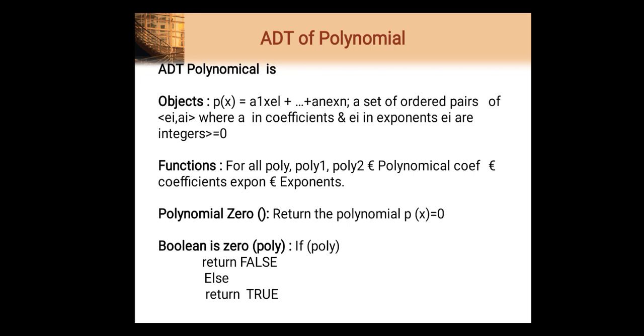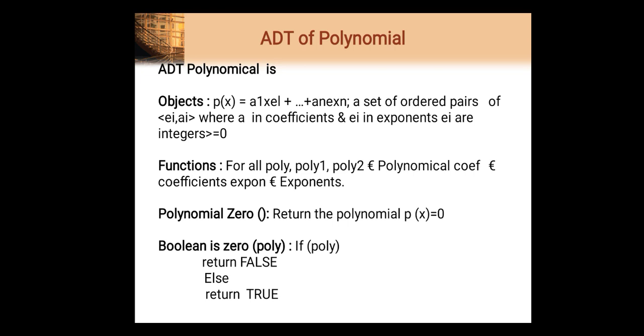Now the next thing, how to write ADT for the polynomial. While writing ADT on the polynomial, first we have to know which type of operations we can perform on the polynomial. First we need to list out those operations and then start writing the ADT. In the ADT, again with the help of the ADT keyword, we say ADT polynomial is, because we are writing ADT for the polynomial.